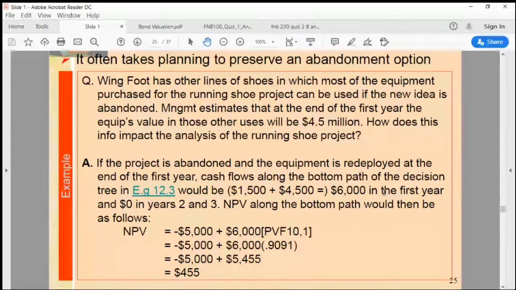I'm sorry, I got it mixed up. In the running shoe project, the upper path is abandoned, right?